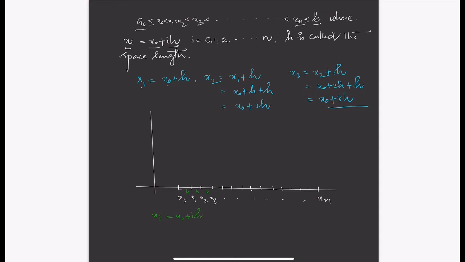Suppose I need the value of x1 here. If you put i equal to 1, x1 is equal to x0 plus 1 into h, so x1 is x0 plus h. Similarly, x2 is x1 plus h.